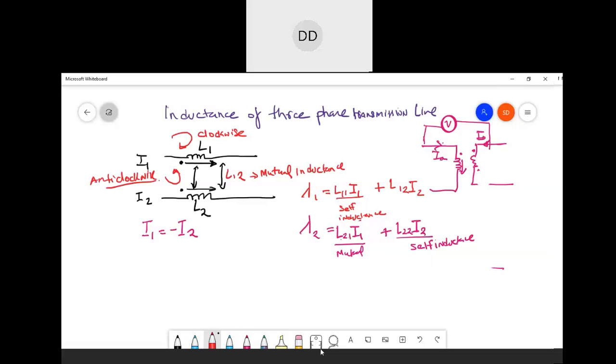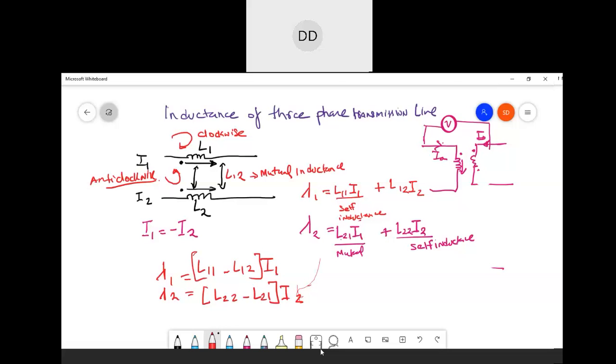So lambda 1 would be L11 minus L12 into I1, and similarly lambda 2 in terms of L22 minus L21 into I2.